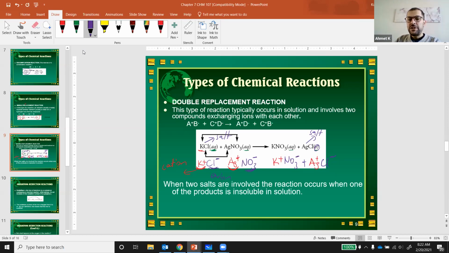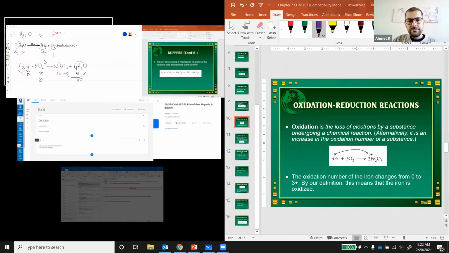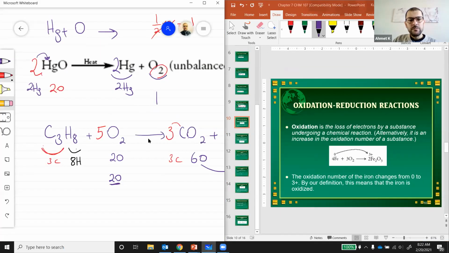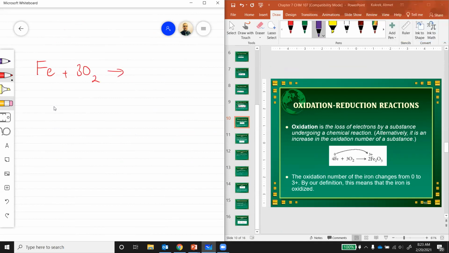Okay, and the final reaction I just want to show you is oxidation and reduction reactions. Let me just write this down. Let's clear this canvas for now. Okay, so now we have iron. Let's actually balance this reaction first.